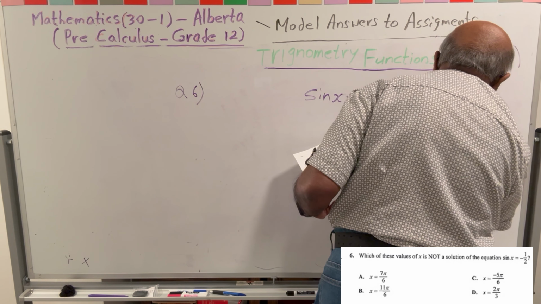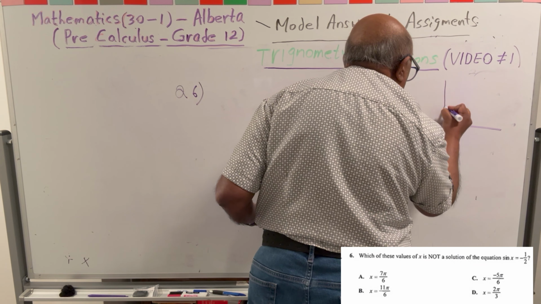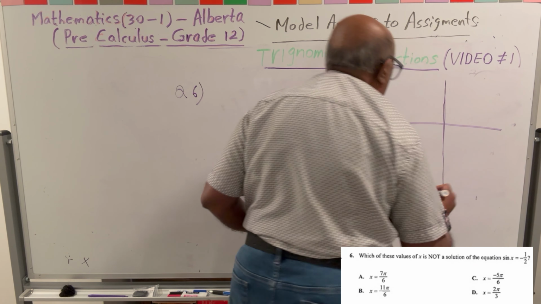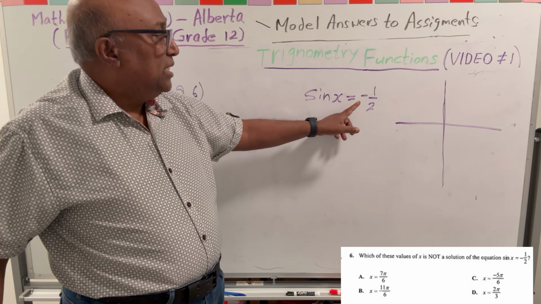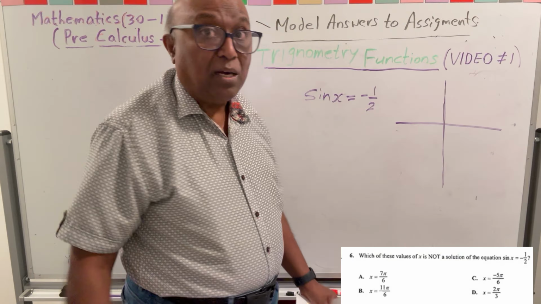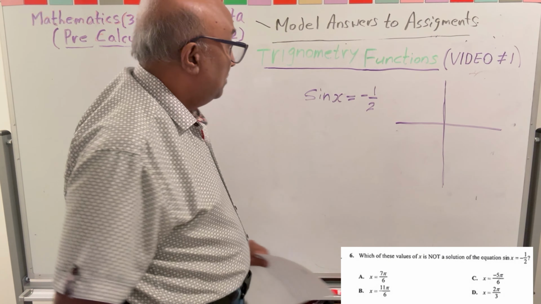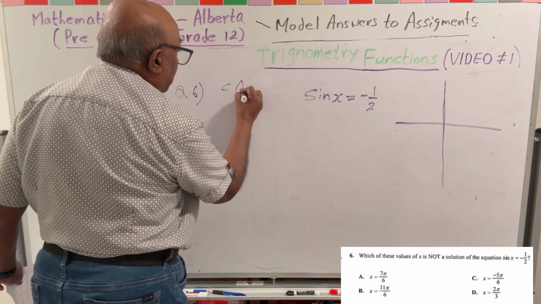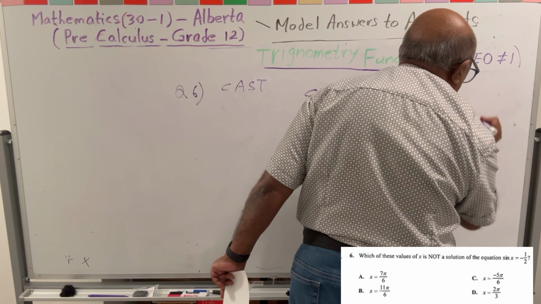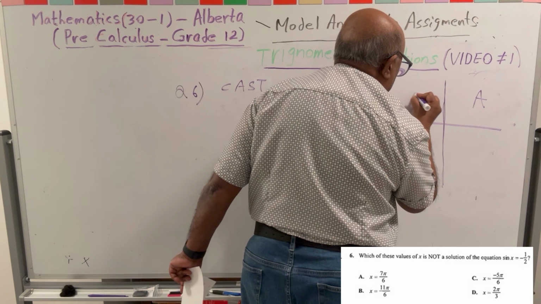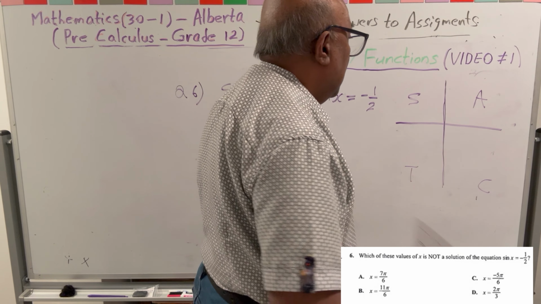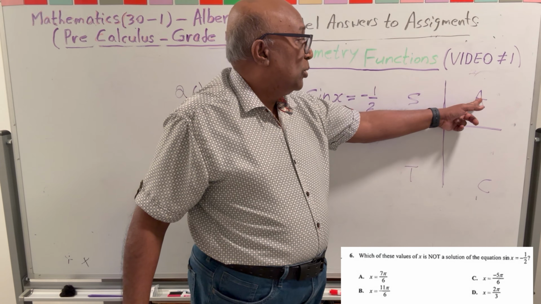In order to analyze this, let's represent this angle in the standard position. Sine value is minus. Now you have to recall the CAST rule. You have to start the CAST rule like this. In the first quadrant, all are positive.